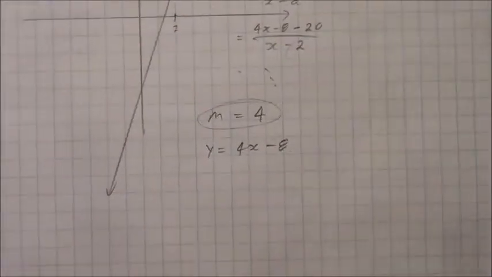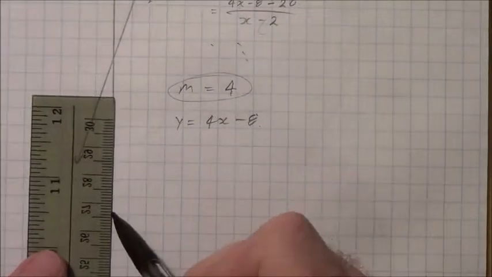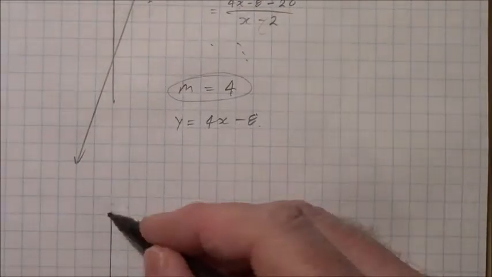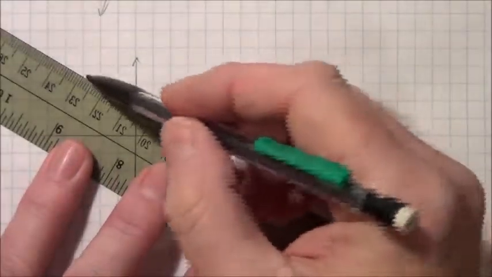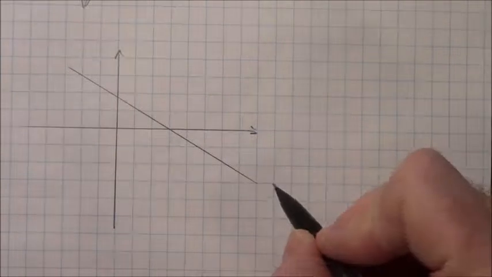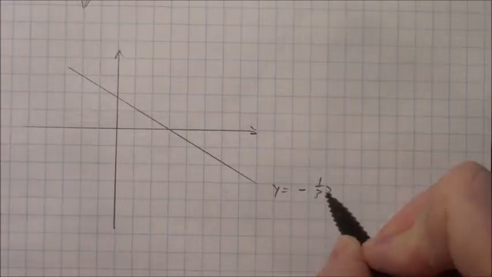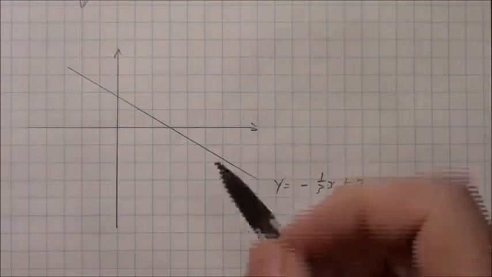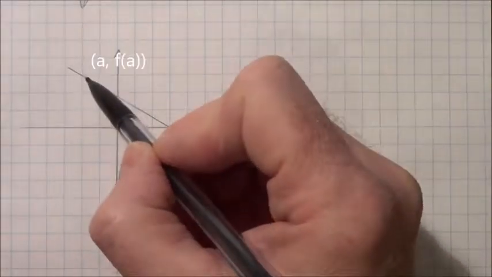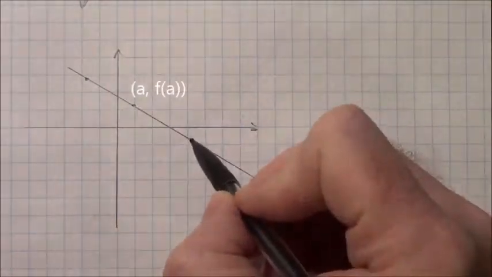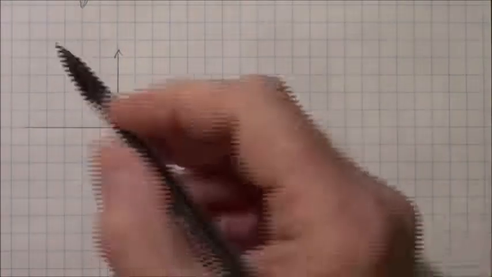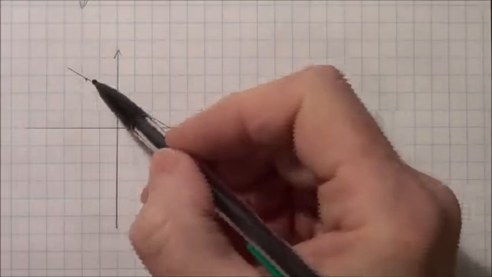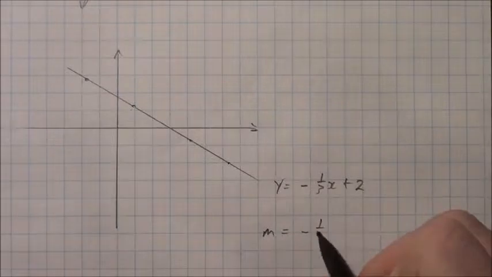If we looked at some sort of negative line, suppose it's something like y equals negative 1/3 x plus 2, just as a rough estimate, and we went through the same process again, whatever point we used as our a, f of a, anywhere along there, because that's a constant line, we would see that the gradient at any one of those points would be negative 1/3.